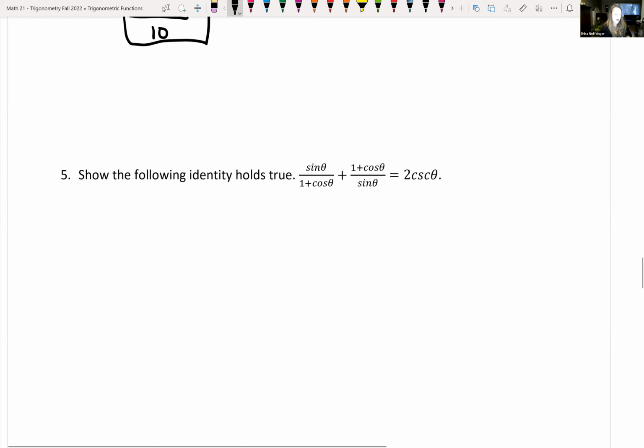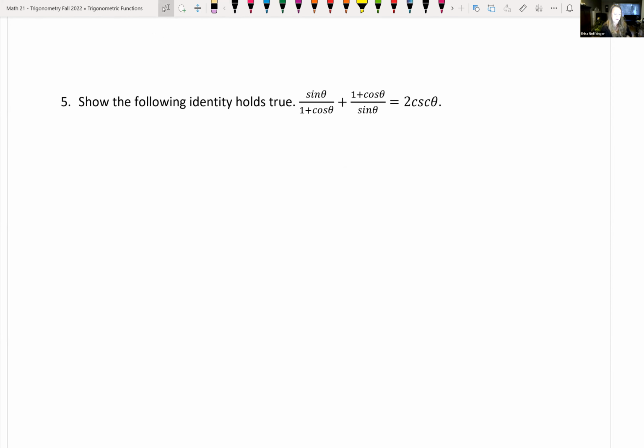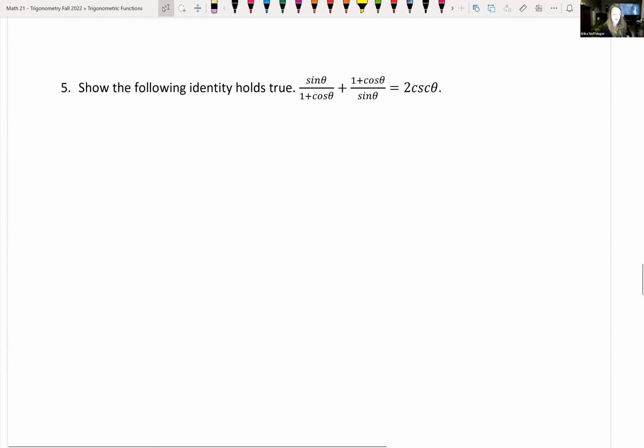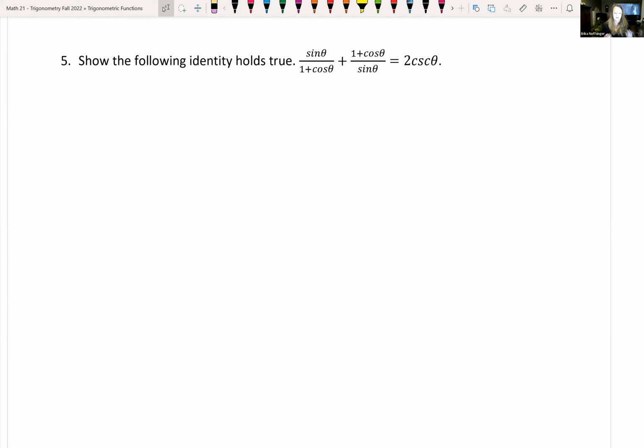The next problem says, show the following identity holds true. As I mentioned at the beginning of this video, we do something different when we're looking at identities holding true. We're only working on one side of our equation. Usually you pick the more complicated side, and you manipulate it to hopefully fall out really easily to equal the other side.